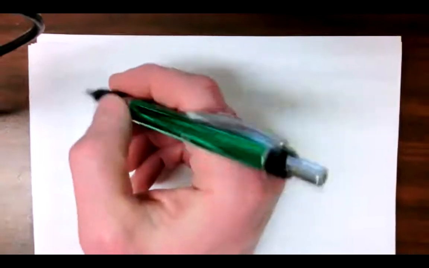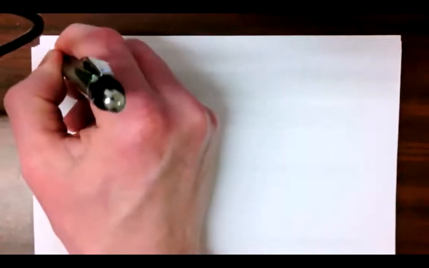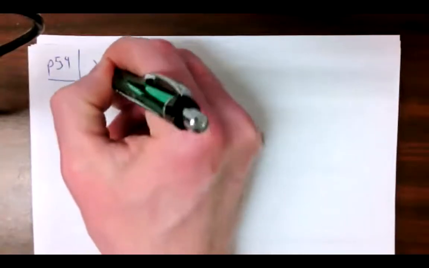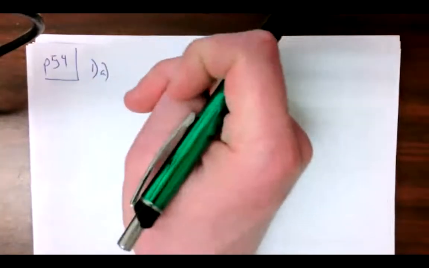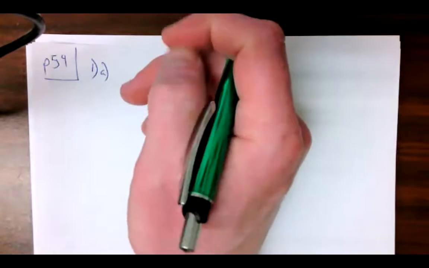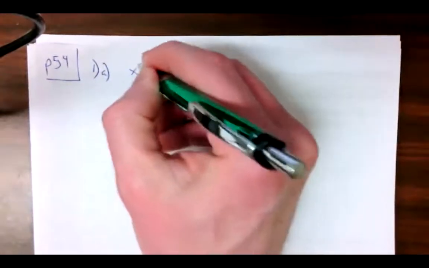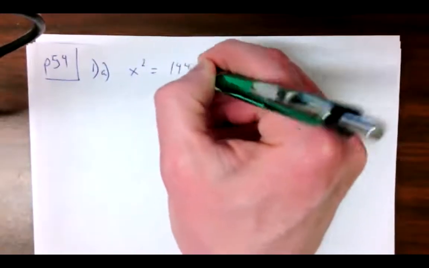Okay, page 54. Where's page 54? Well, there's lots of examples. Number 1A, use factoring to find the root of each of the following numbers. The first one says x squared equals 144.